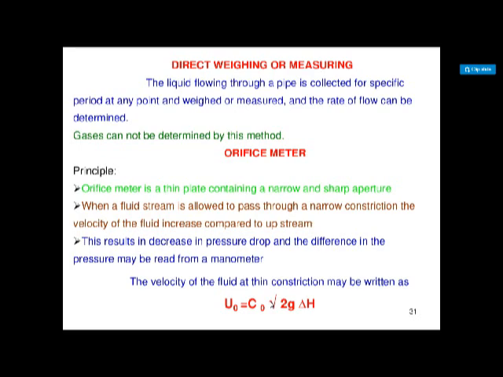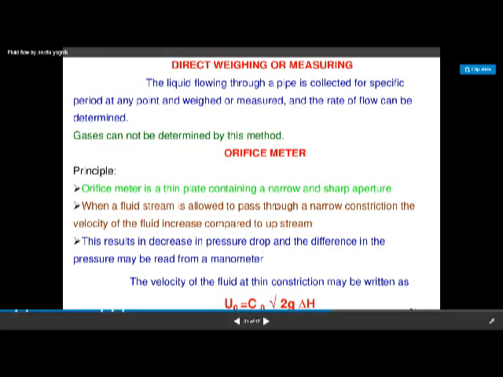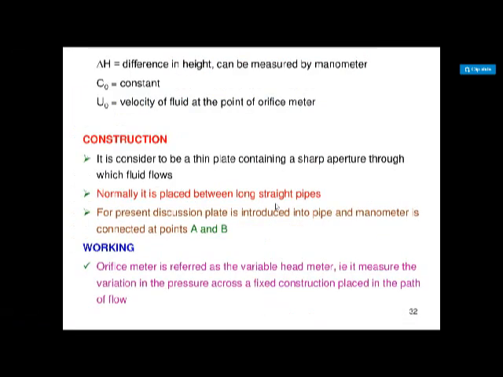The orifice meter is a pressure differential flow meter which is used to measure the difference in pressure by using the manometer, with the equation U0 = C0 √(2g Δh), where Δh, the difference in height, can be measured by the manometer, C0 is the constant, and U0 is the velocity of fluid at the orifice meter.